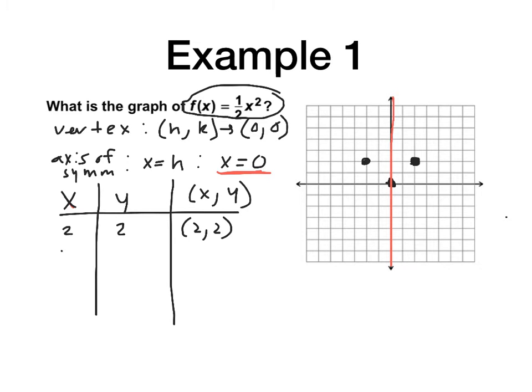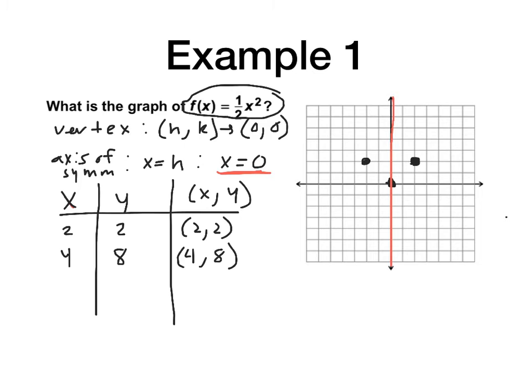What happens when we plug in 4 into x? What's 4 squared? 4 times 4, 16. And what's 16 times 1/2? 8. So our y value when we plug in 4 is going to be 8. So we're going to have another point at 4, 8.